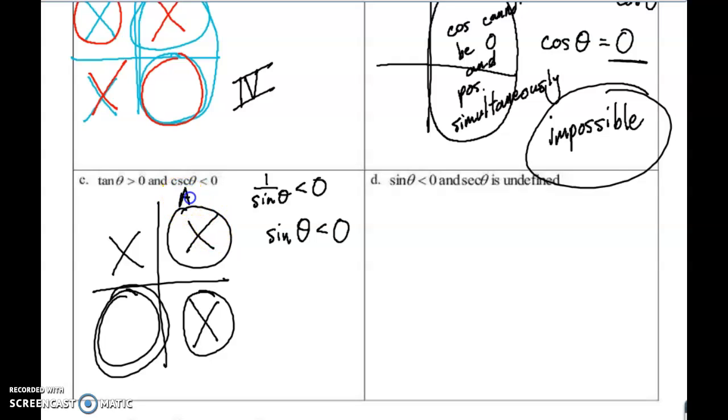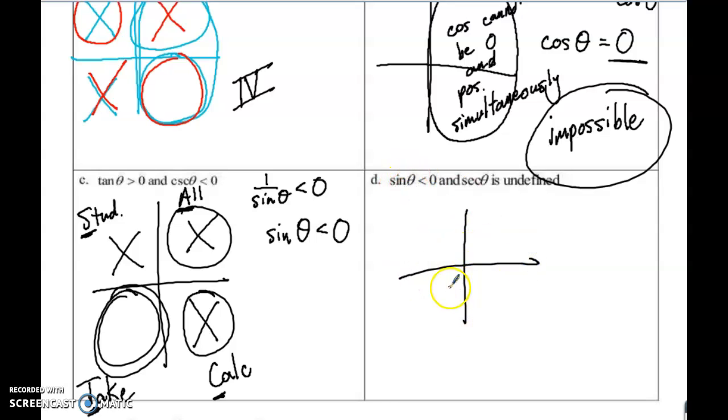And again, if you want to use that phrase, all students take calculus, to remember which: all are positive in the first, sine is positive in the second, and its reciprocal. So sine and cosecant are positive. Tangent and cotangent in the third. Cosine and secant in the fourth. And let's keep this straightforward. Sine is negative in the third and fourth.